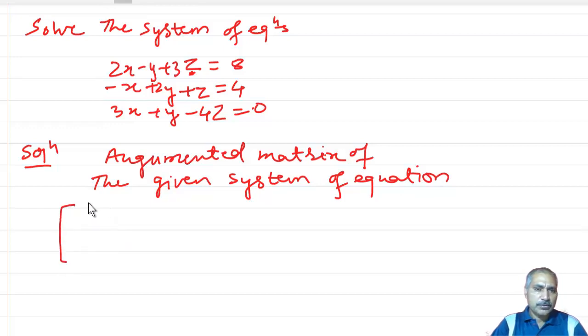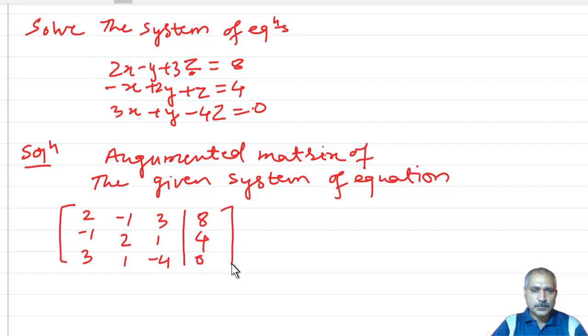We will write the coefficients of x first, that is 2, minus 1, 3. Then the y coefficients: minus 1, 2 and 1. Z coefficients are 3, 1 and minus 4. Then we will draw a straight line and write the right side numbers, those are 8, 4 and 0. Now this is the augmented matrix. We have to find the rank of this matrix.